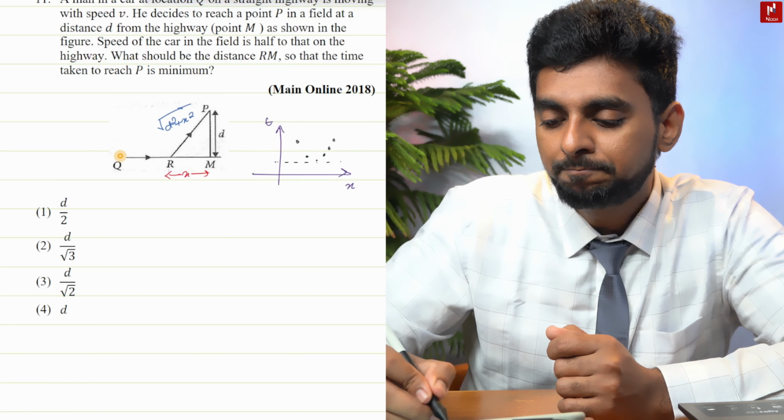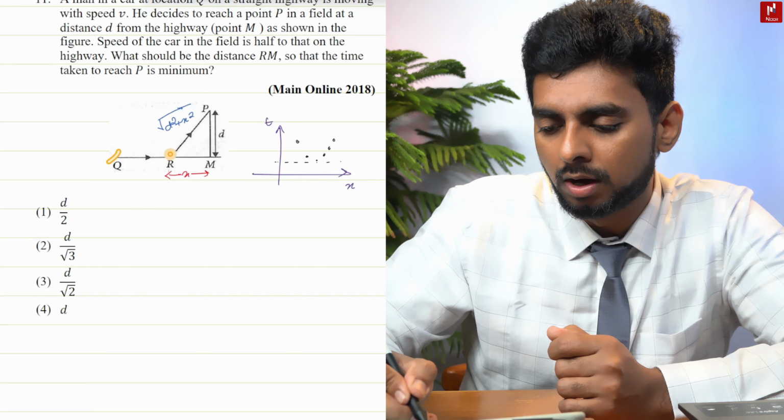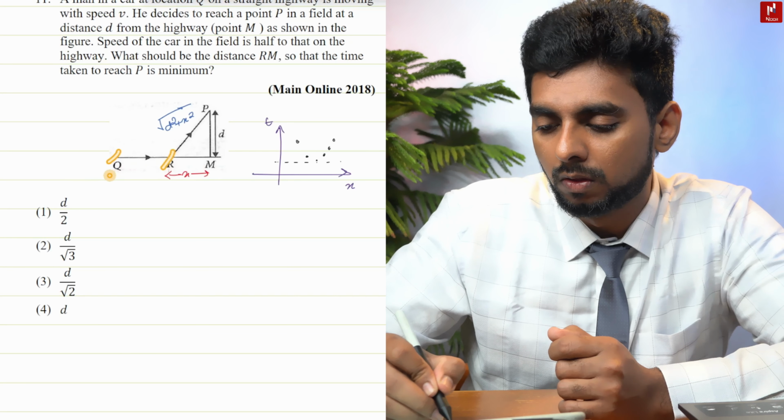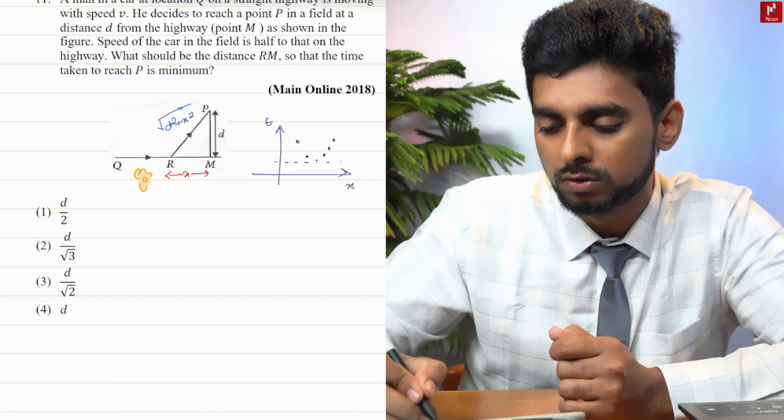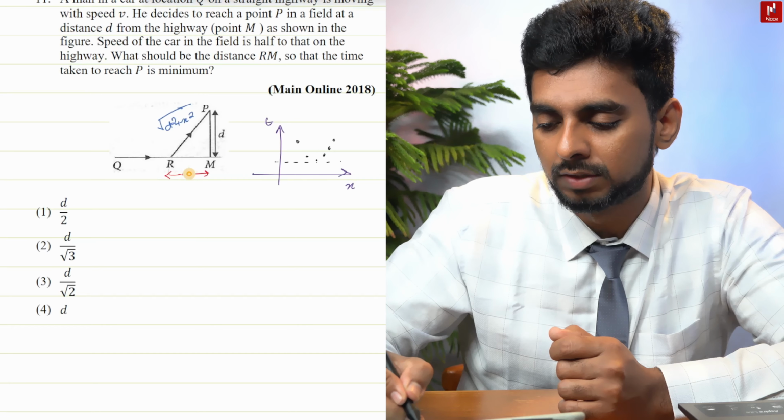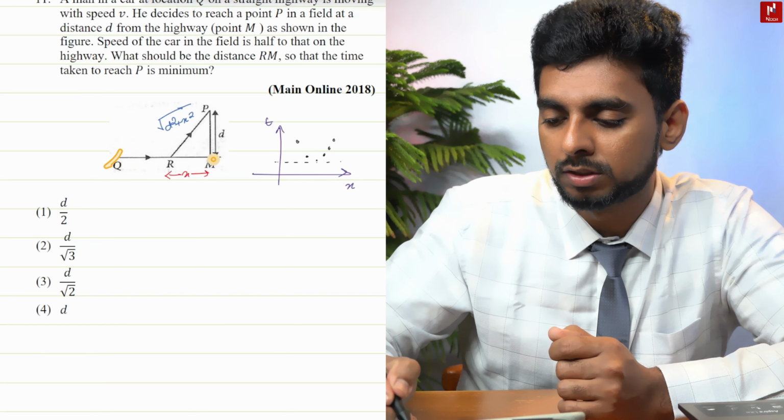Then obviously QR is the distance traveled along the highway, right? I can't put one more variable here, because this will also vary according to this x, but I know this QM is going to be constant.